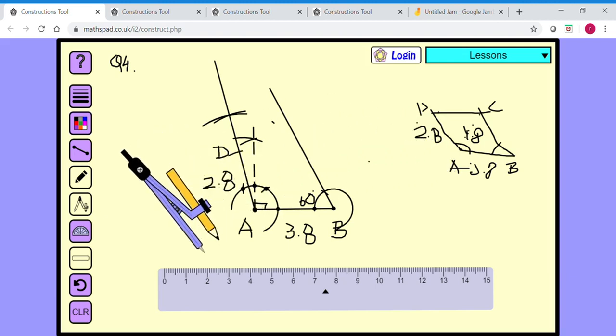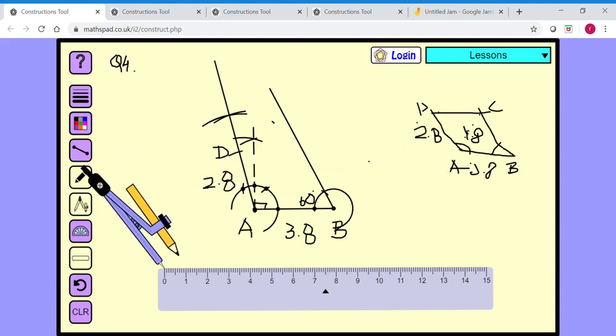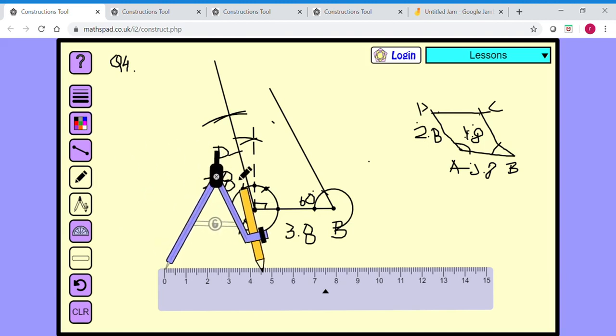So now let me measure 4.8 and let me cut an arc from A. Keep it as this. Measure 4.8.